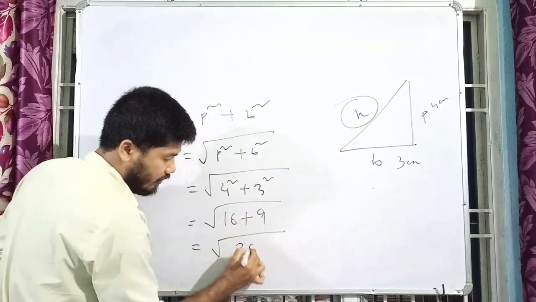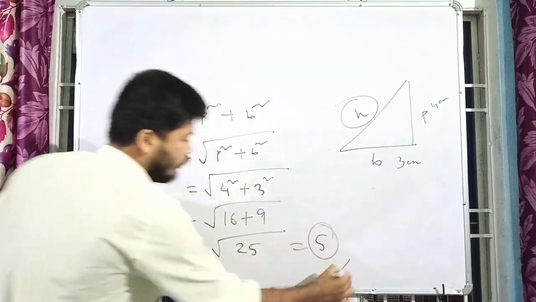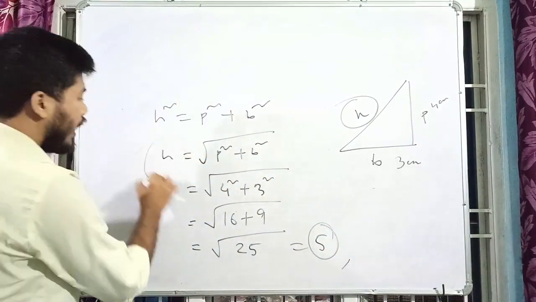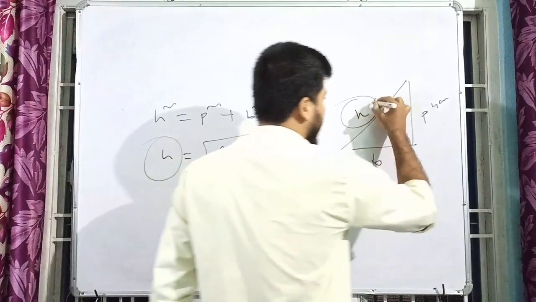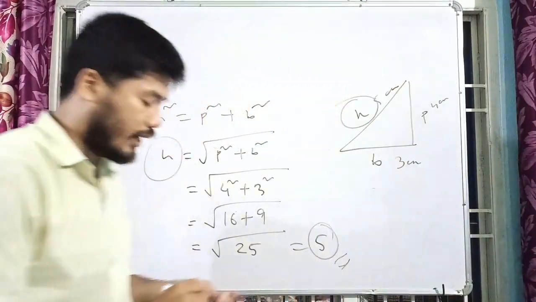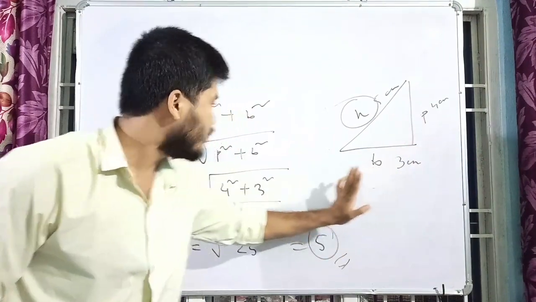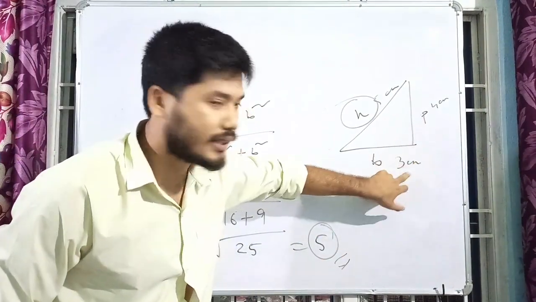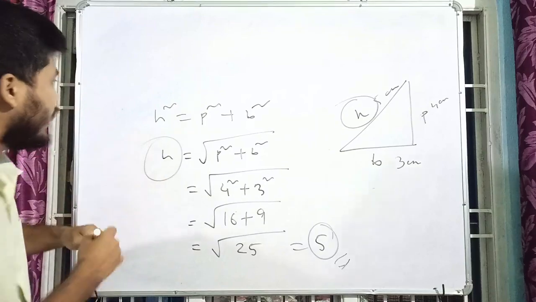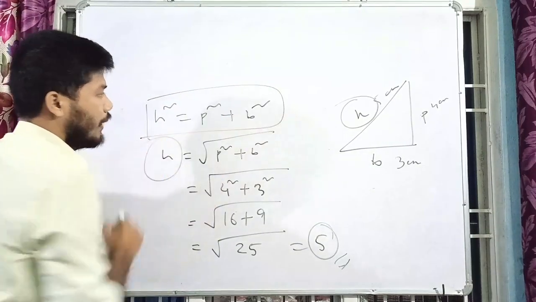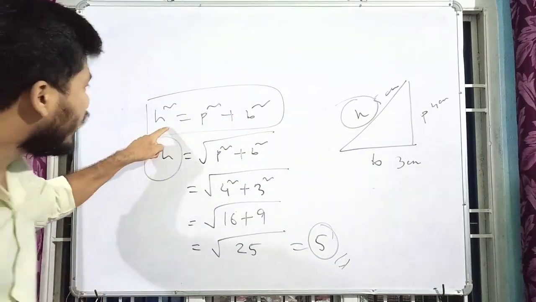This is 25, so the square root of 25 is 5. Therefore the hypotenuse is 5 cm. This is how we can calculate the third side if we know the two sides, by using the Pythagoras theorem, that is h square is equal to p square plus b square.